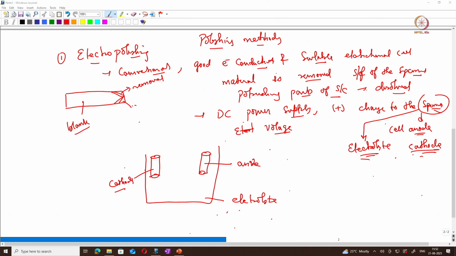Then this particular anode is connected to positive, cathode is connected to negative, correct? And this is a specimen, and it is dipped into the electrolyte.